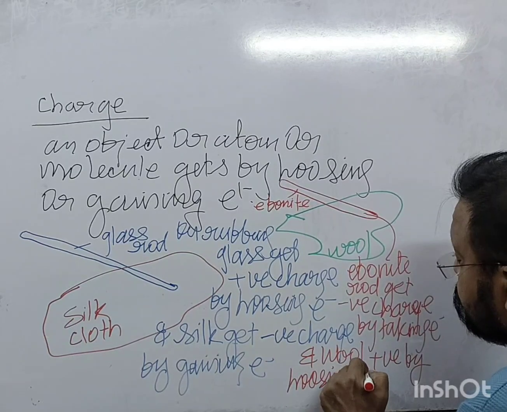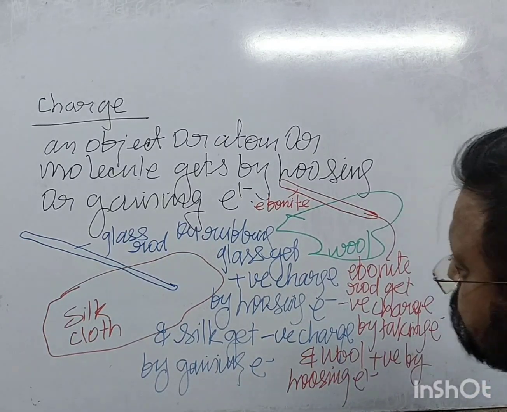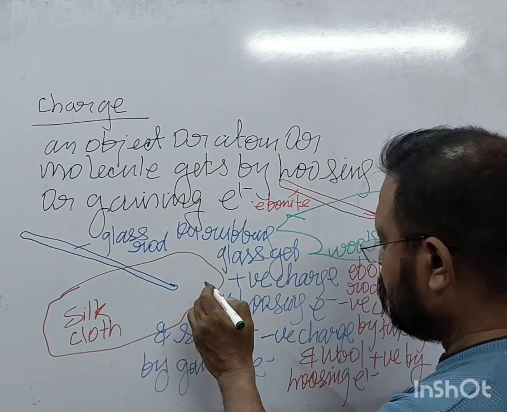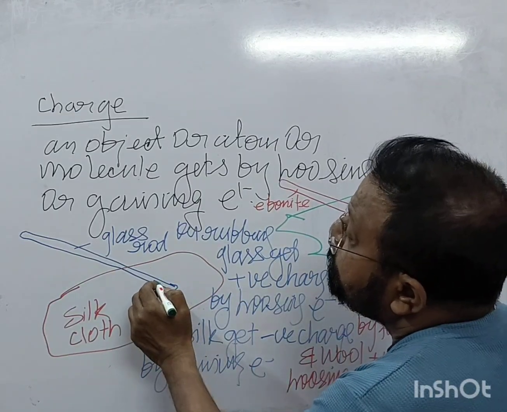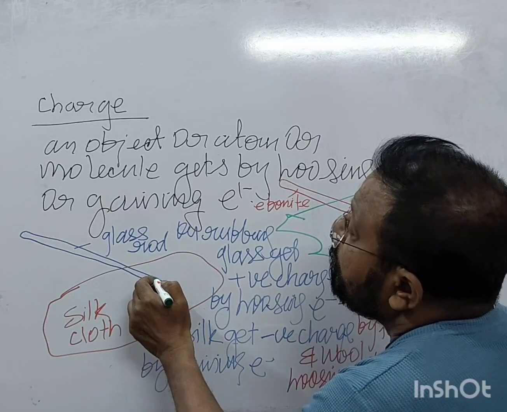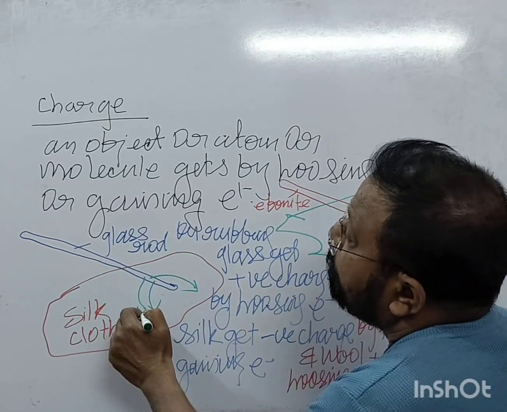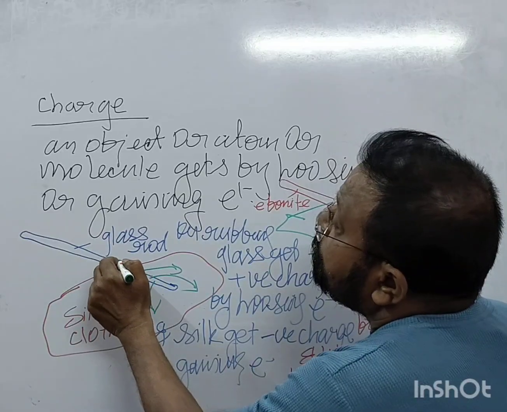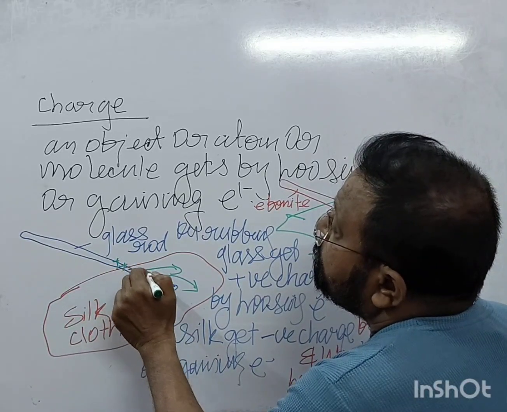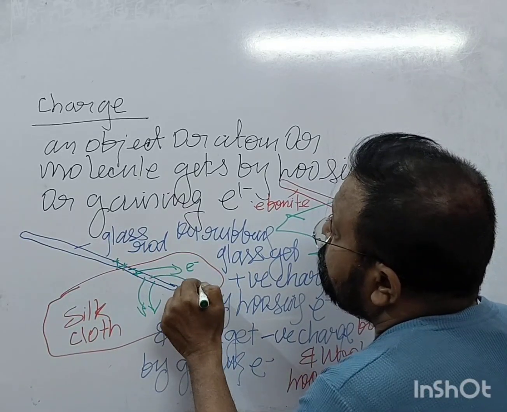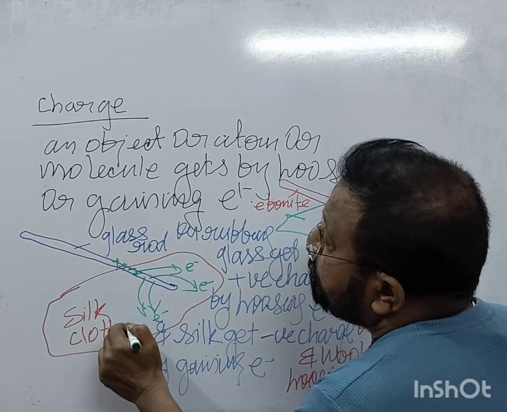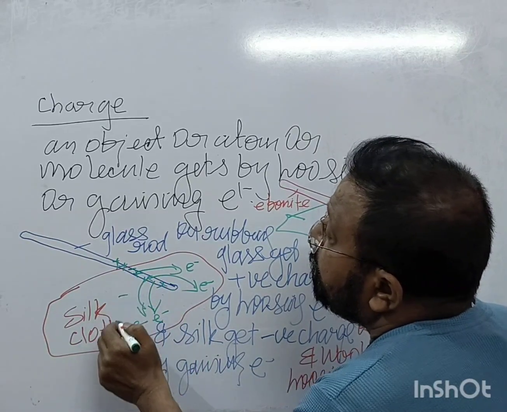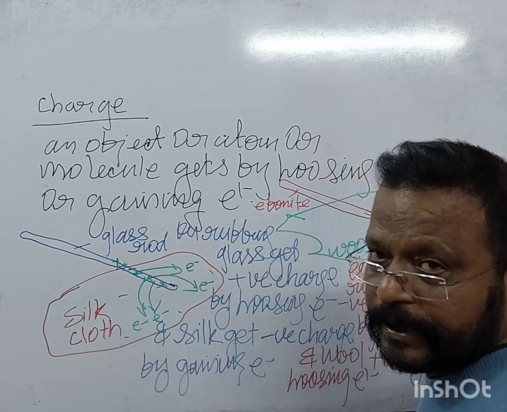So what I said, this glass rod loses electrons. Electrons are coming out of it, so it gets positive charge, and the silk gets negative charge, right?